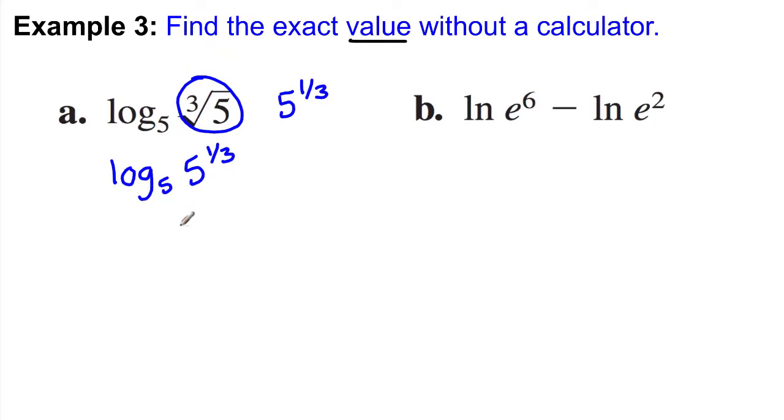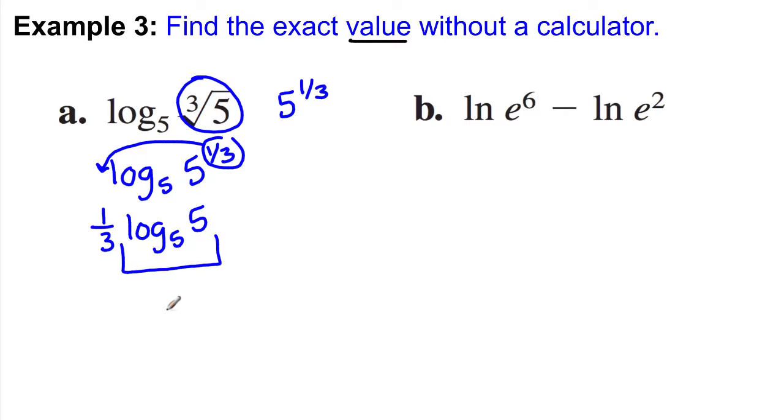Okay, now using one of our properties we just learned, the power property, we can take that exponent of 1/3 and we can write that as a coefficient. So now using that rule, we have 1/3 times log base 5 of 5. Well, this is really easy to evaluate. You're simply asking yourself, 5 to the power of what number equals 5?